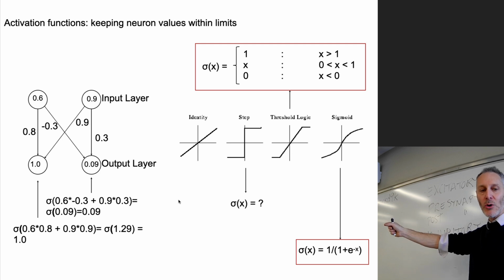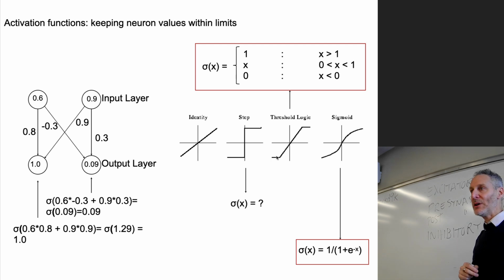If, however, that raw weighted sum is very positive, far to the right, we're going to cap it at a value of +1. And if that value is very negative, we're going to cap it to -1. Sorry, that should be -1 here, and x less than -1, and a -1 here.